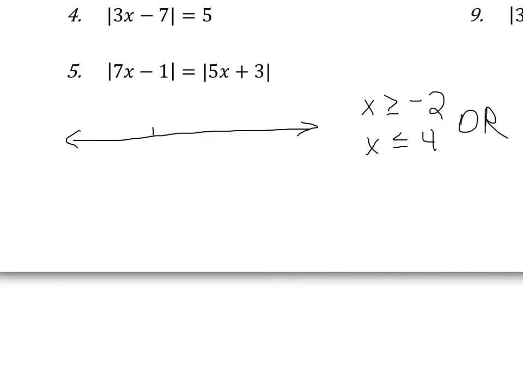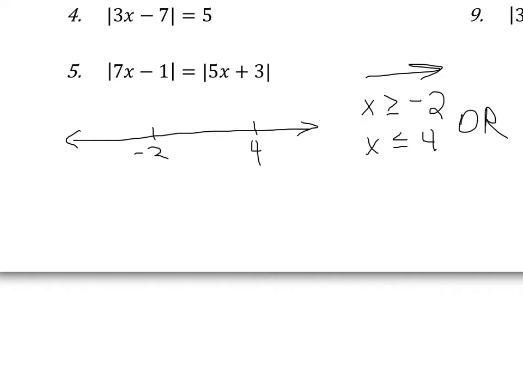So we look at -2 and we look at 4. Now, if x is greater than or equal to, that means that everything to the right of -2, including -2, could be in the solution set for x is greater than or equal to -2.